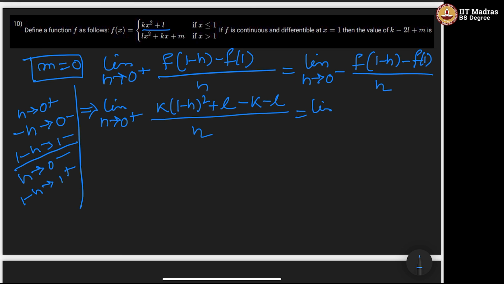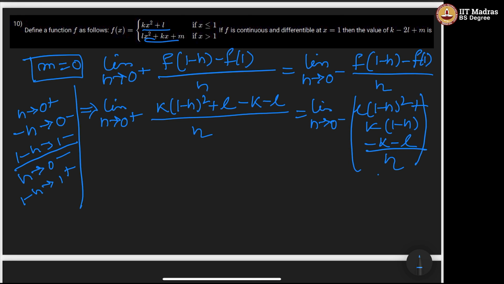And here we will take this definition, h tending to 0 minus, l into (1 minus h) square plus k into (1 minus h), and we will not take m, because we know m equals 0, minus k minus l by h. Okay, so we can observe that both the limits are in 0 by 0 form. Okay, so we will apply L'Hospital rule here.